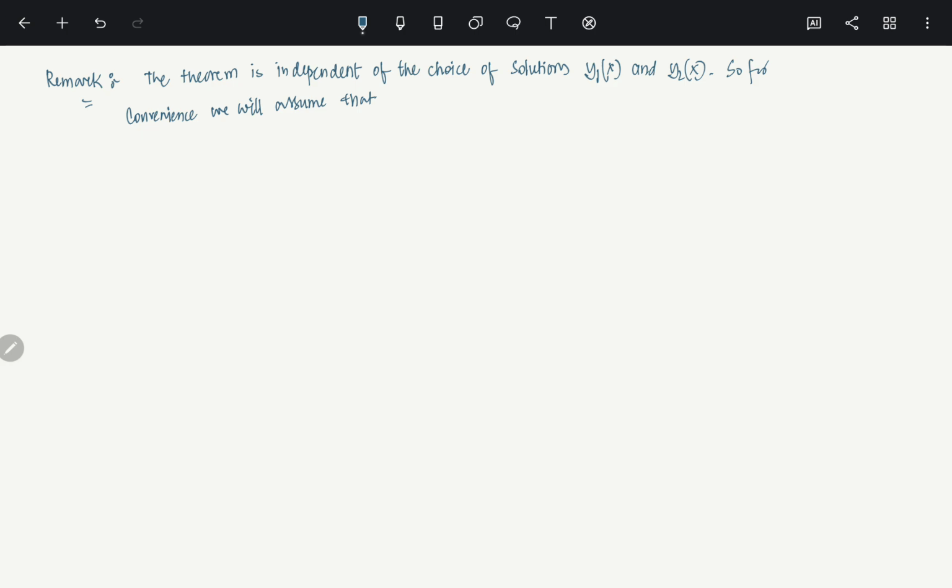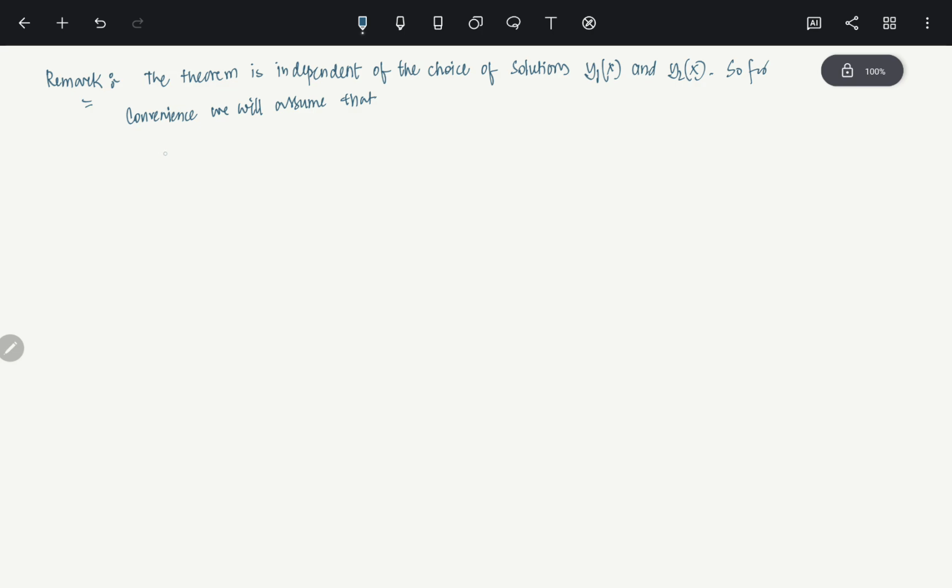One thing you have to remember here: whenever I am incorporating that they are linearly independent solutions y1 and y2, we are assuming the initial conditions now. Otherwise we do not get the linear independence. That theory we get from the initial value problem. So this is why, to study the boundary value problem, we also have to study the initial value problem.